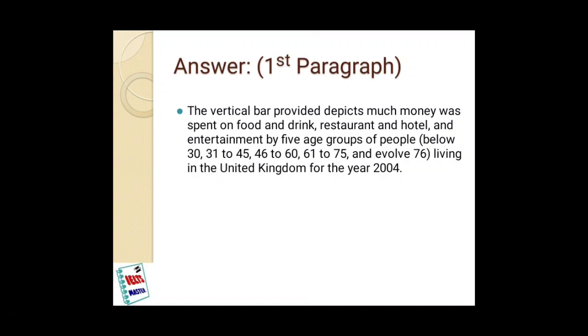So my first para is: the vertical bar graph provided depicts how much money was spent on food and drink, restaurant and hotel, and entertainment by 5 age groups of people, bracket below 30, 31 to 45, 46 to 60, 61 to 75, and above 76, bracket close, living in the UK or living in the United Kingdom for the year 2004.